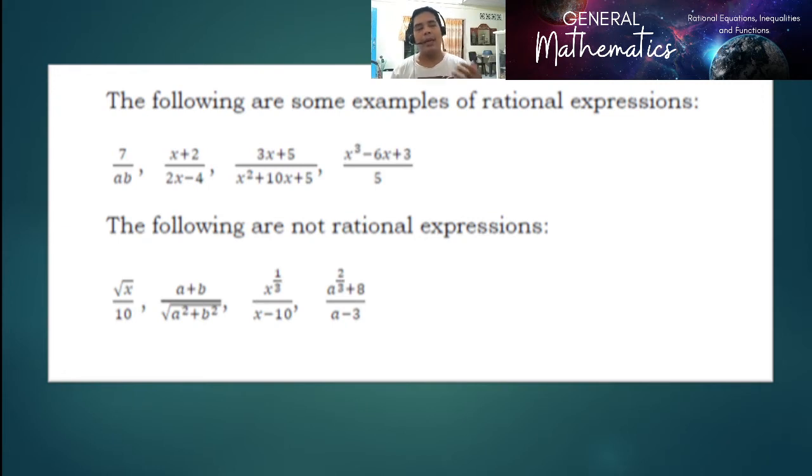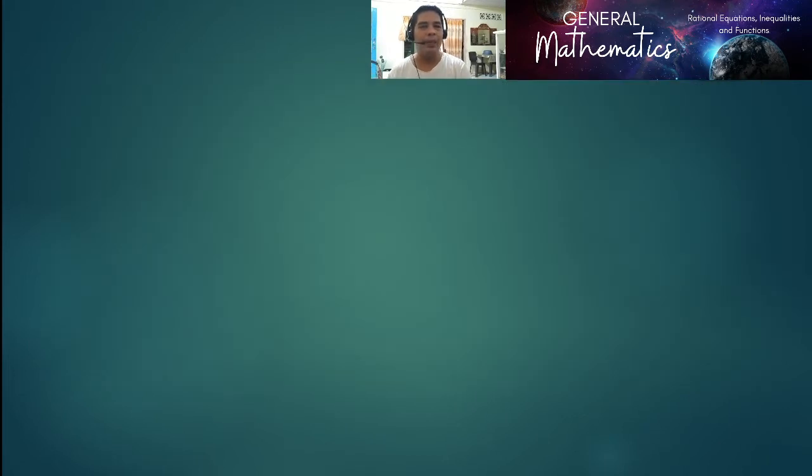Now, there are certain problems in real life situations that may be expressed as a rational expression, rational function, or a rational equation. So I have here an example.